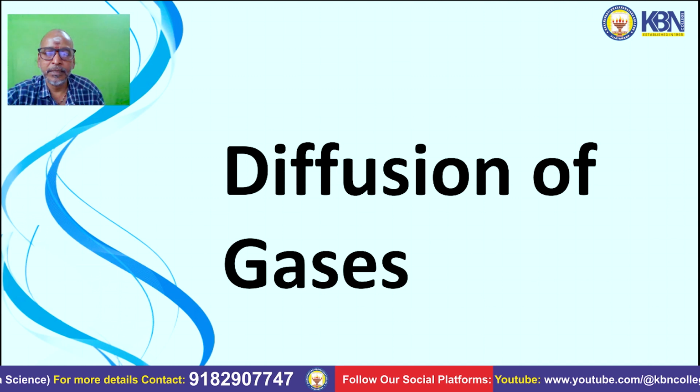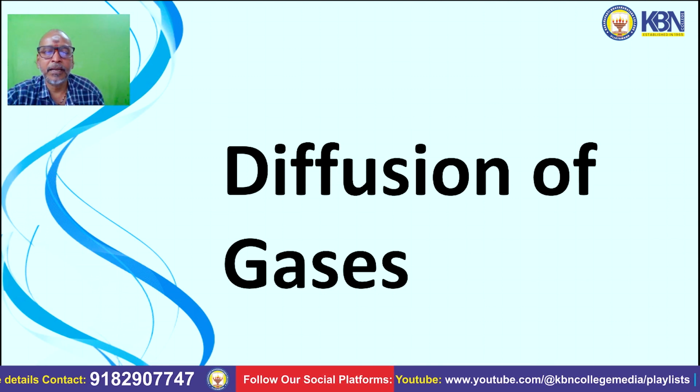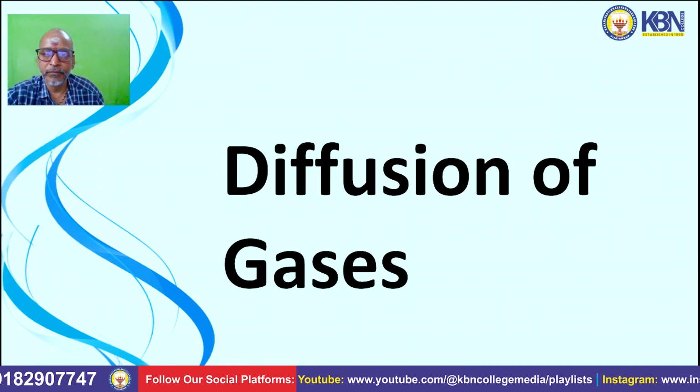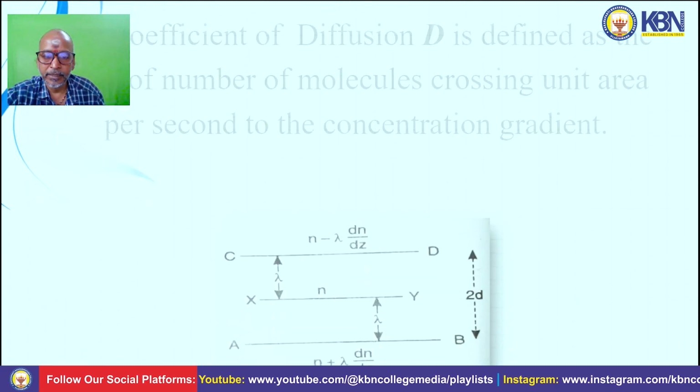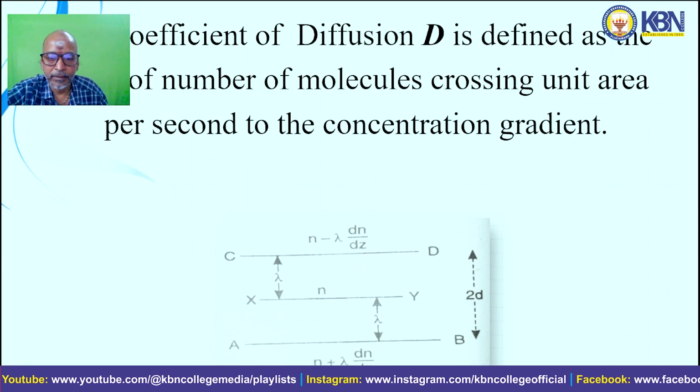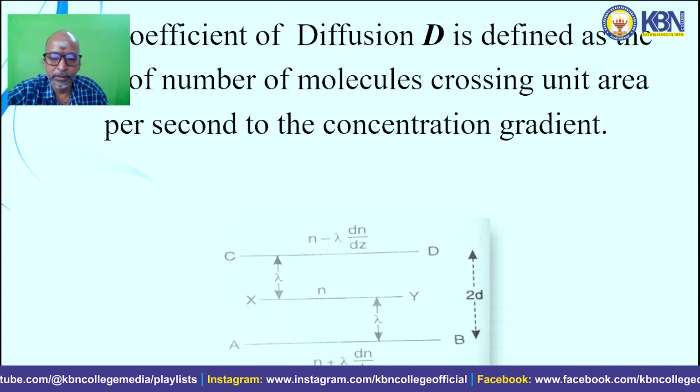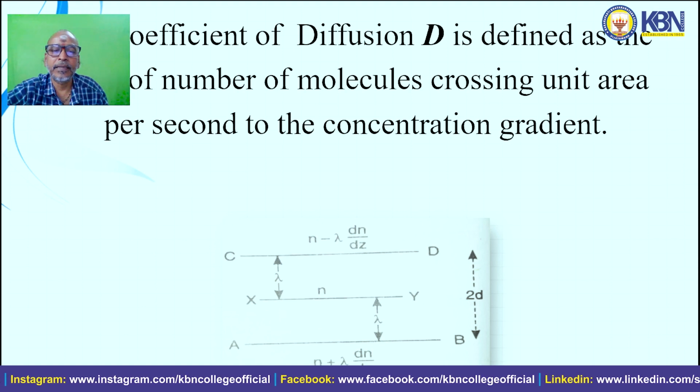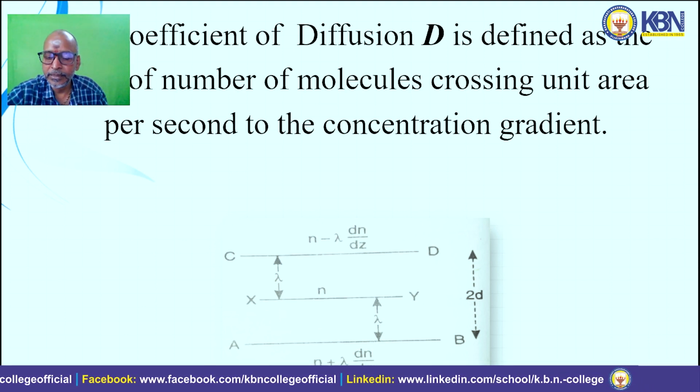And the other transport phenomenon, the last one, is the diffusion of gases. Here there are three layers, and the density is also different. The number of molecules in layer XY is suppose n, and as the distance increases, the density also increases.